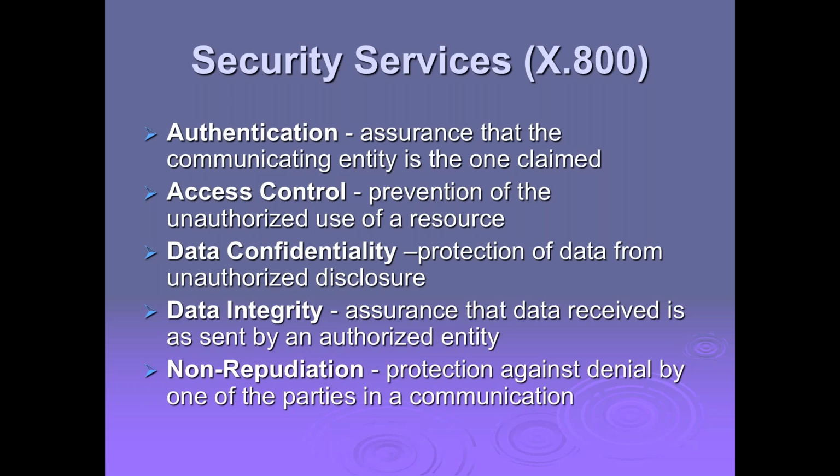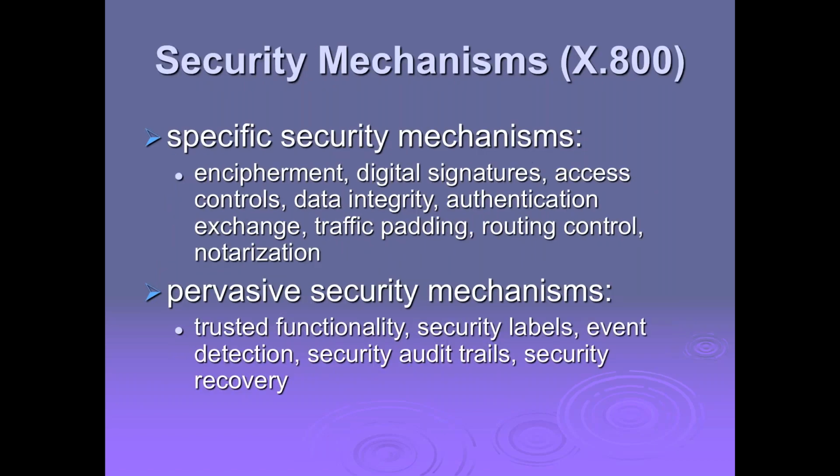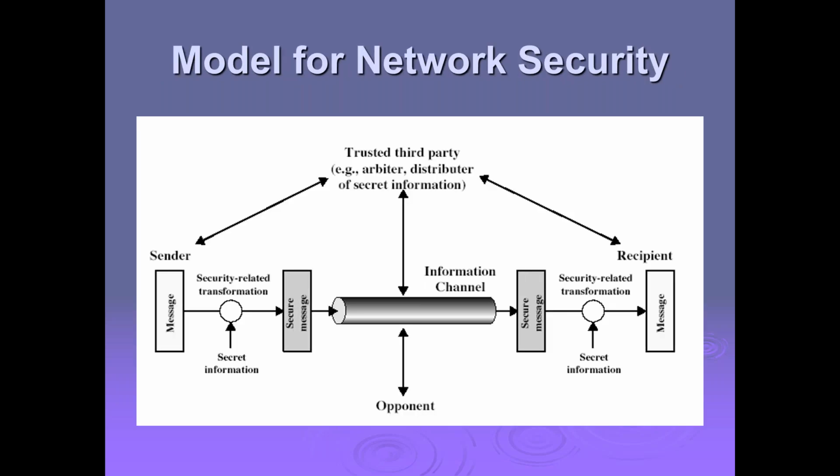So now see, this is the general model for any network security architecture. So if you see this architecture, the same architecture will be used again and again with different formats for different services.